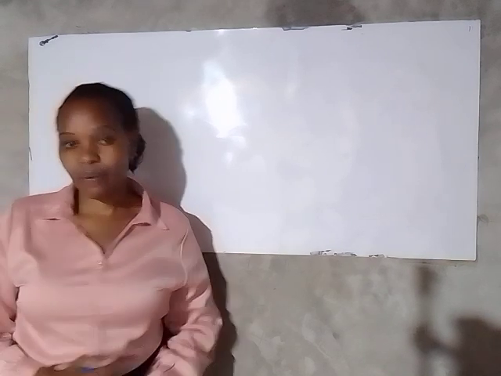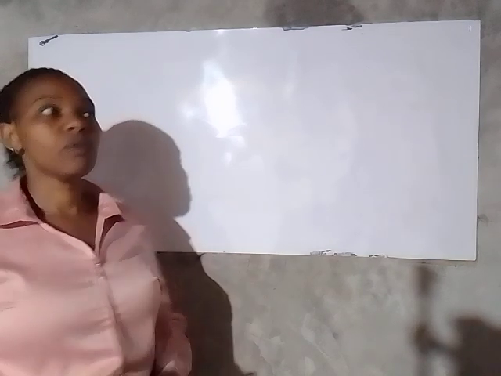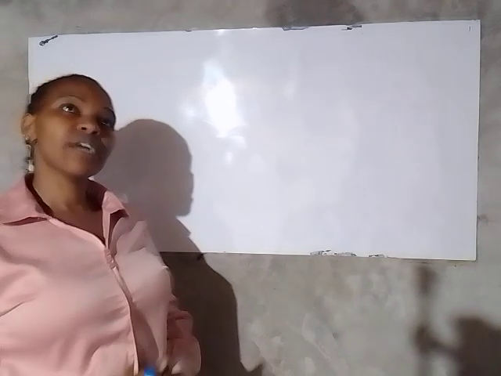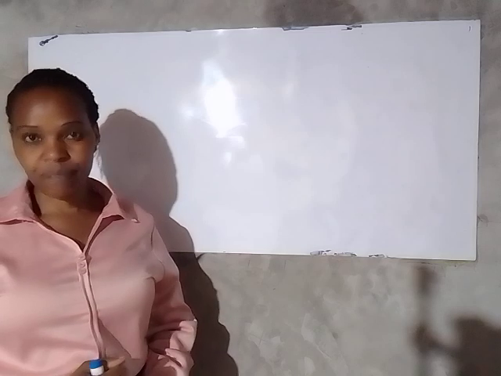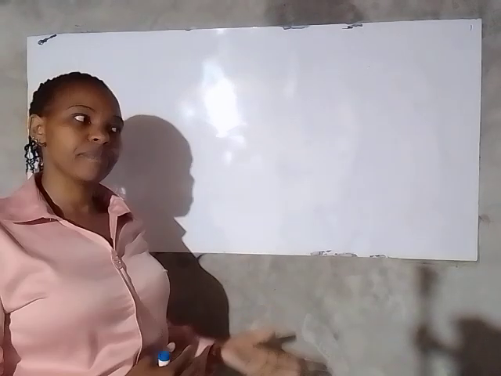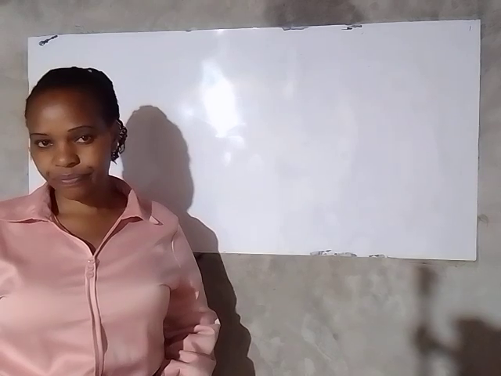We are moving on with the third topic of uniform circular motion. In the first lesson, we looked at angular displacement, which is given in radians.